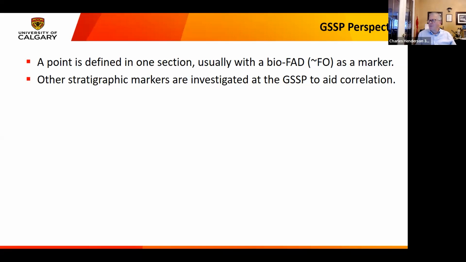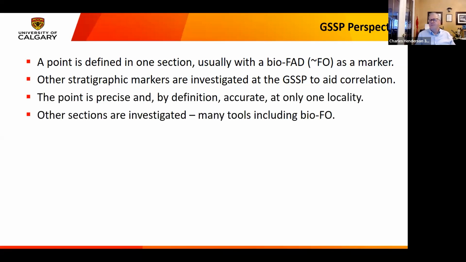When we have decided on that, we're then going to collect as many other stratigraphic markers as possible at that section to aid correlation to other areas. The point itself is precise and by definition accurate at only one locality in the world. Everywhere else, we're trying to correlate by using as many different tools as we have available to us.